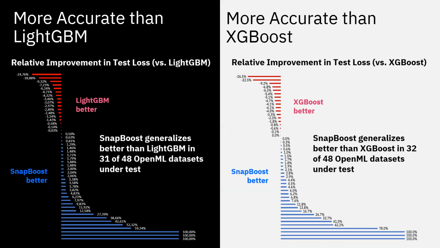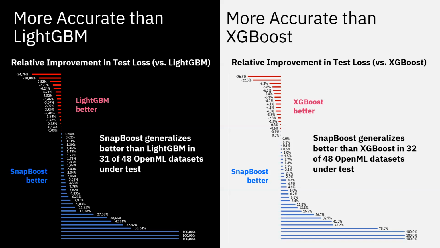And so on the left-hand side, we compare SnapBoost against LightGBM. The red bars are the data sets where LightGBM was better in terms of the test loss. And the blue data sets at the bottom are the cases where SnapBoost achieved a better, lower test loss.